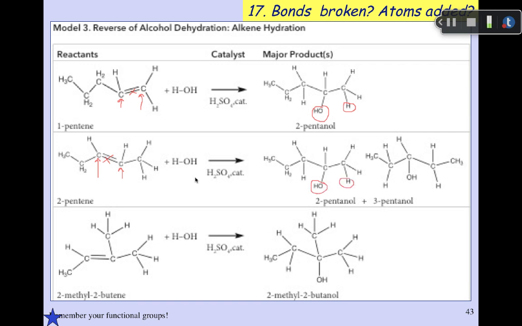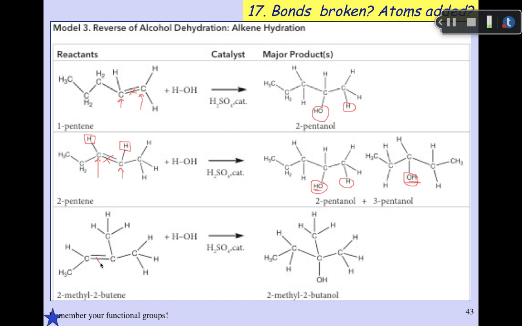But this time, owing to the fact that there is the same number of hydrogens on the two carbons of the double bond, the OH group can go on either carbon. Markovnikov's rule does not give you a major product here because the two carbons have the same number of hydrogens. So it can go in two places, giving you two possible products.